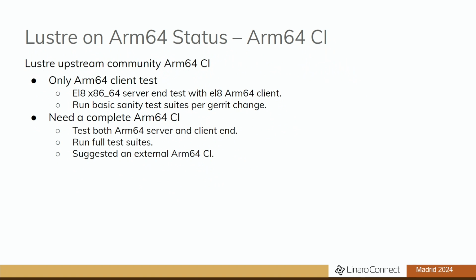The server end is x86, and the client end is ARM client, and it just runs a basic 70 test using Maloo. So to enhance the support of ARM, we need a complete ARM CI.